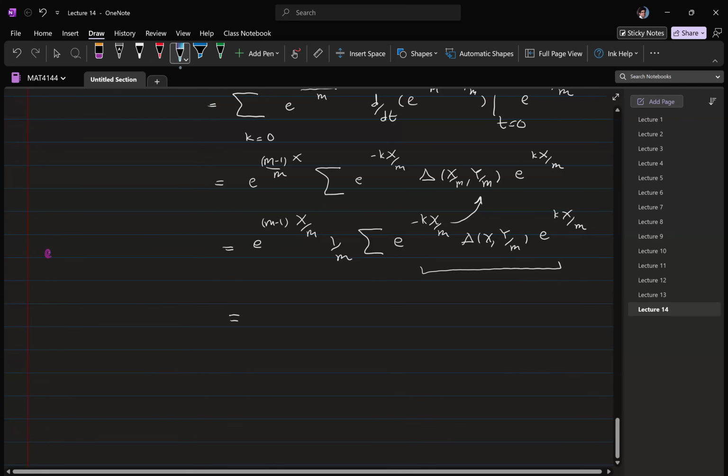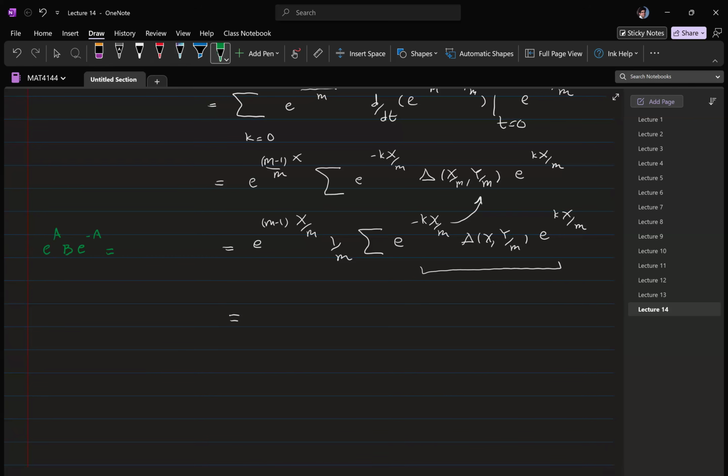So e to the a, oops, wrong color. So e to the a, b, e to the minus a. What is this? You had a formula for it, right? Okay, am I giving the right formula?